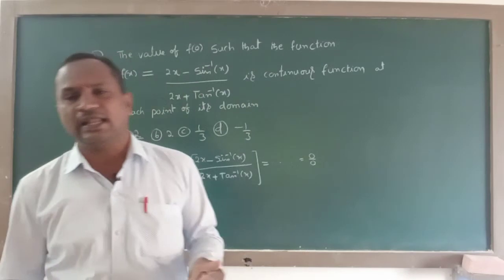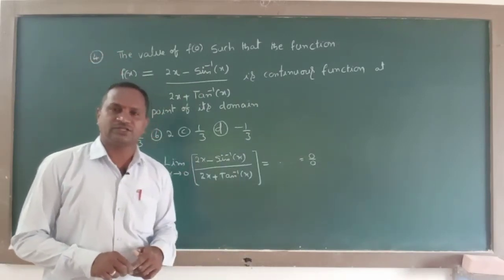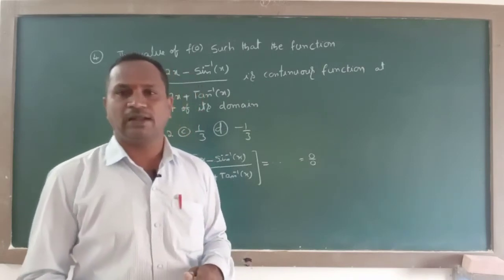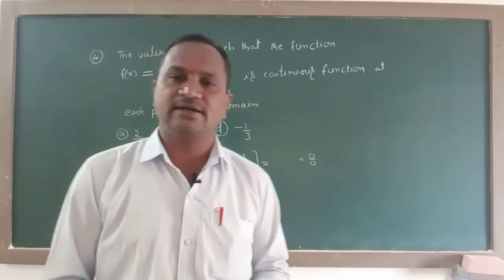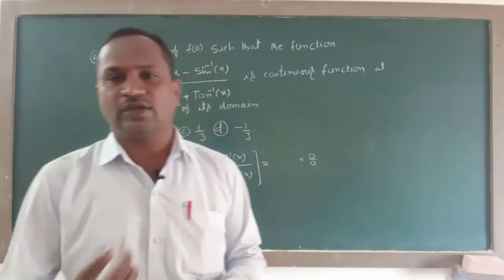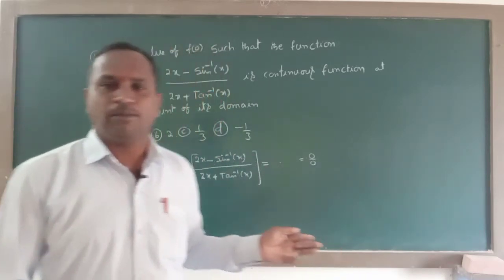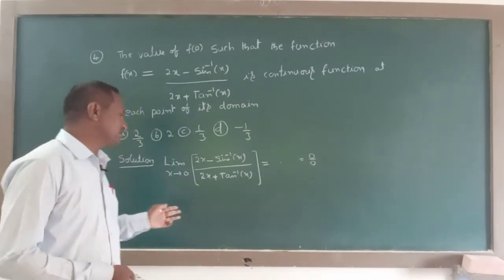You can apply the L'Hospital rule, LHR, here. Otherwise, you can apply some standard limit formulas also. If you apply any one of the methods, you will get the same answer.